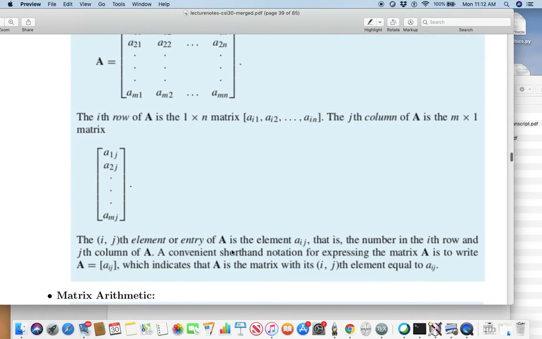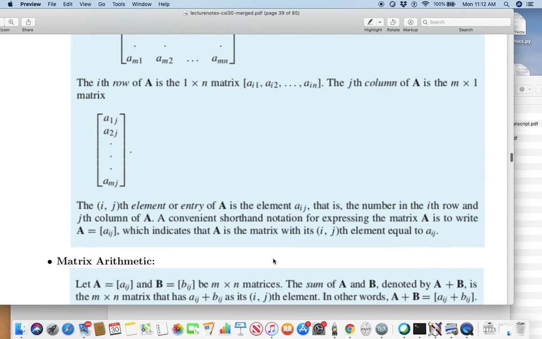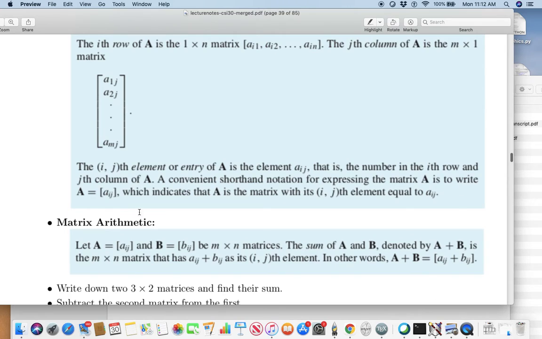So the ijth element, Aij, is the number in the ith row and jth column. A convenient shorthand for expressing matrix A is to write in brackets Aij. Some people use parentheses, some people use brackets, they are okay.